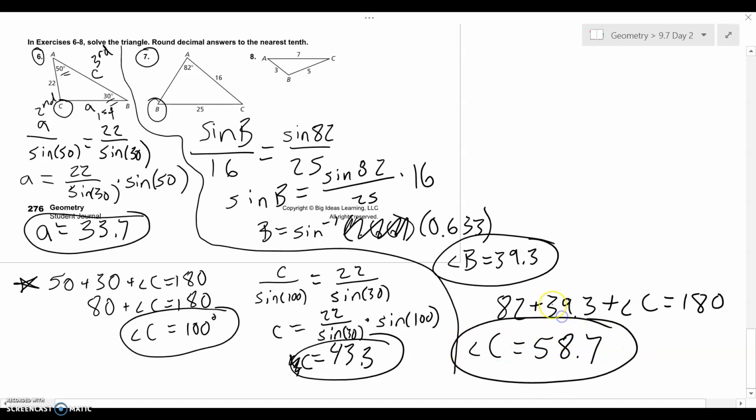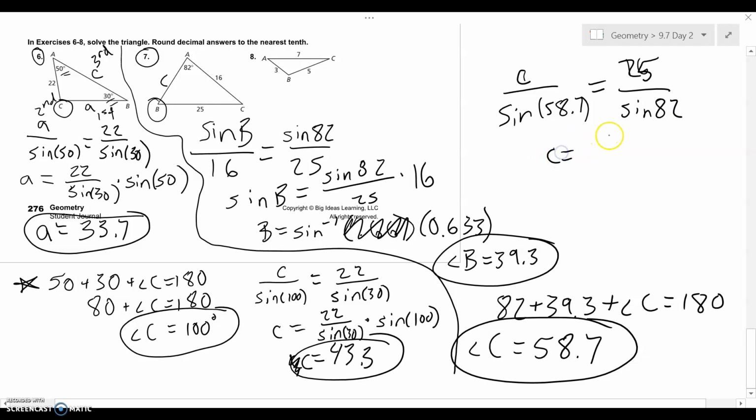And the very last thing I need to do is get side C, and I'll use law of sines for that. So I'm going to go side C over sine of 58.7 equals, and then actually let's go 25 over sine of 82. Multiply both sides by sine of 58.7.